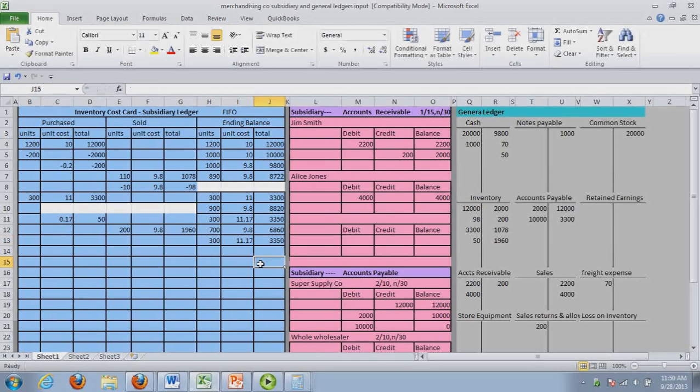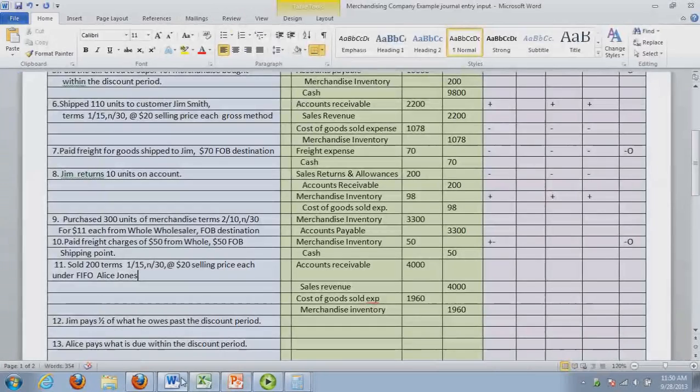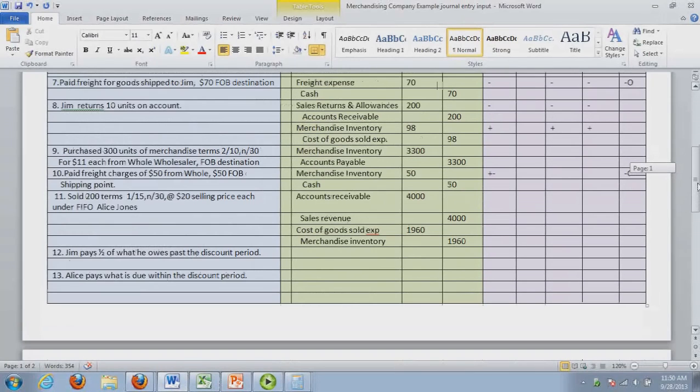Okay. Hopefully that looks okay. So again, your ending inventory is really 1,000 units made up of two different distinct batches. Okay, inventory cost cards updated. Accounts receivable subsidiary was updated, and then I think we did do the general ledger. So hopefully, keep your fingers crossed. I think we did that part.